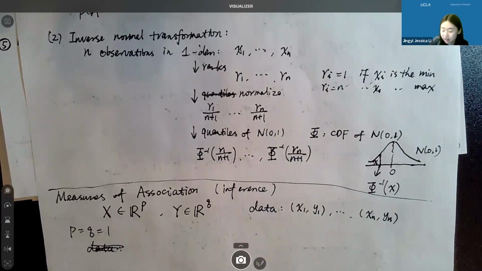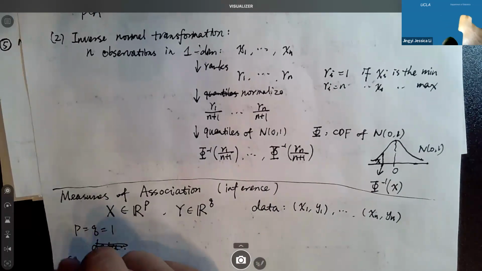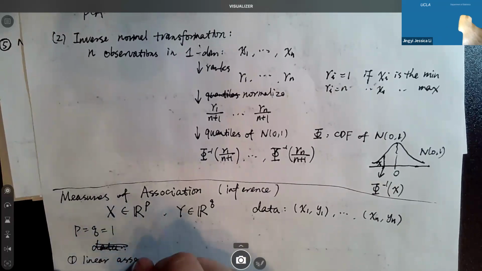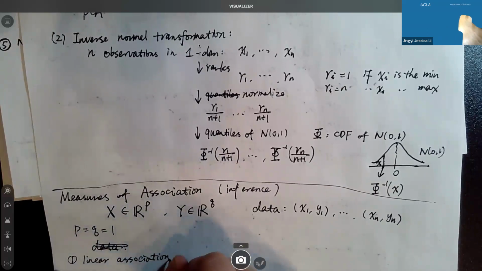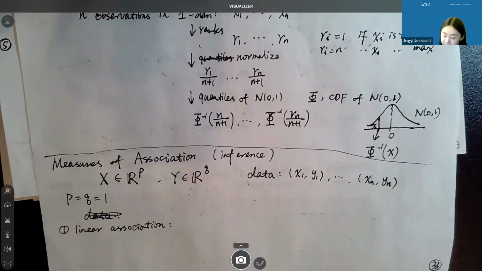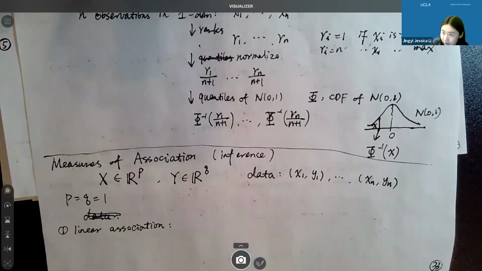That gives us the data for doing the inference. We are going to talk about several measures of association. The first one, the simplest one, is linear association, and for this one, it's the Pearson correlation.